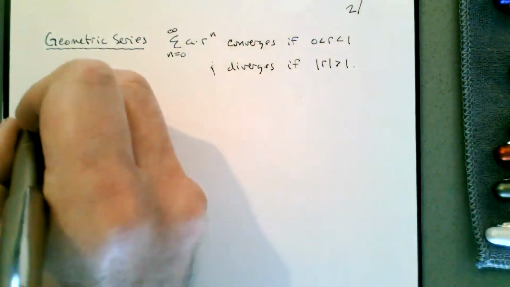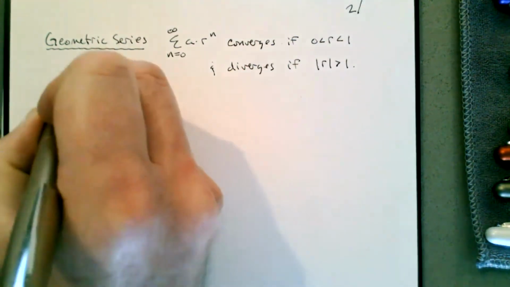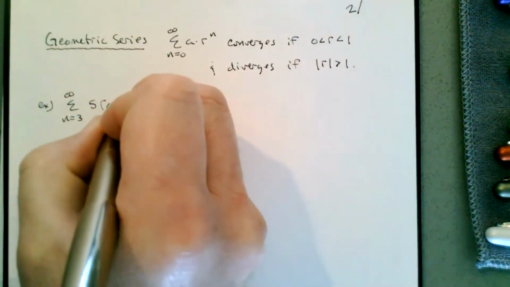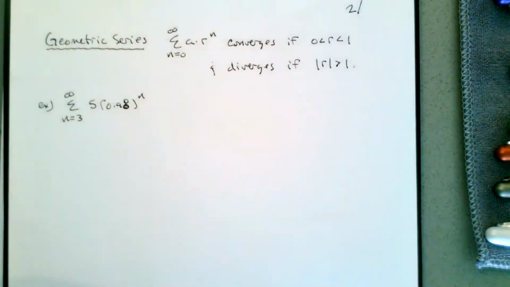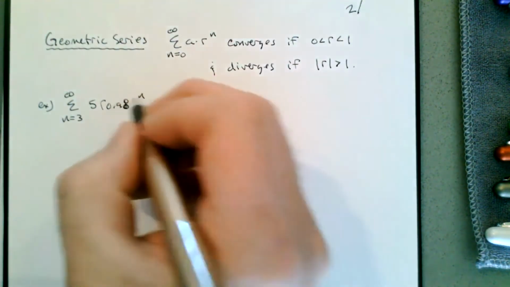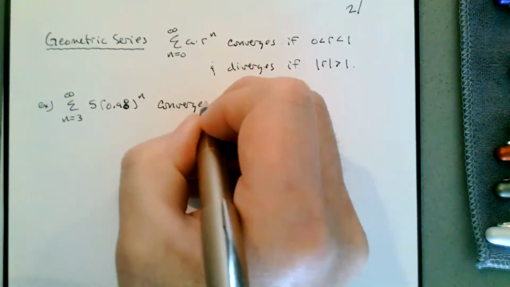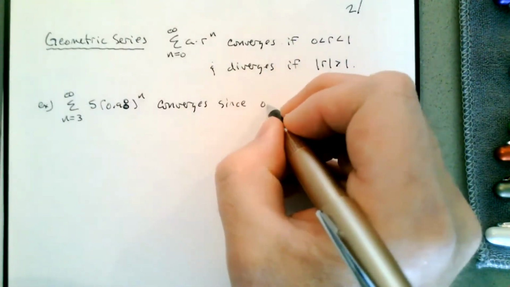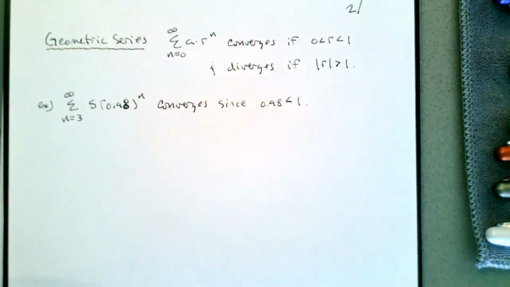So for example, the series that we had before converges since the common ratio is 0.98, which is less than 1 and greater than 0.